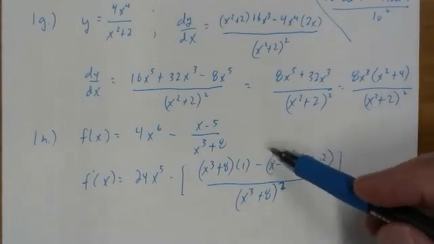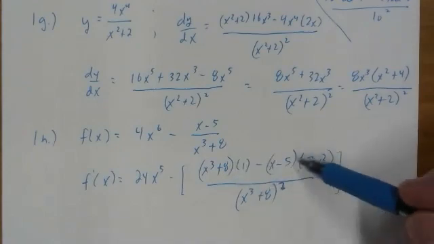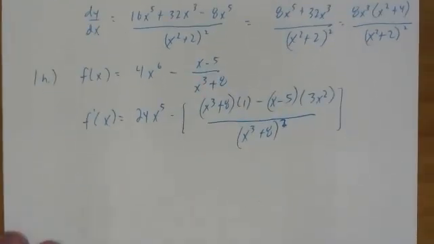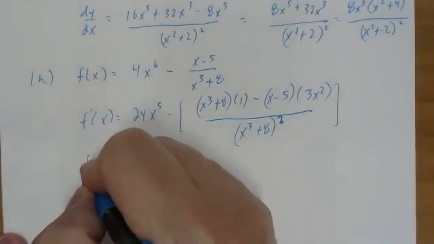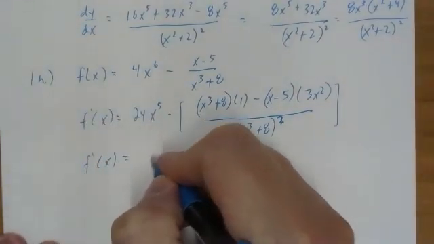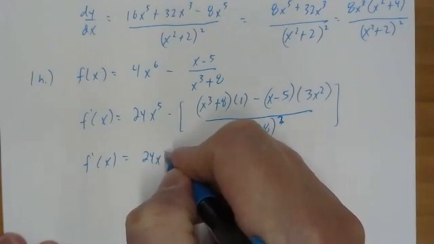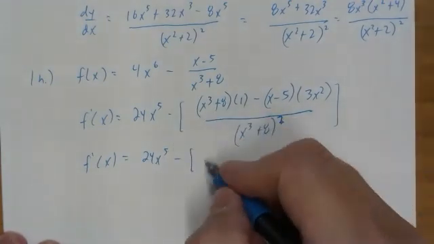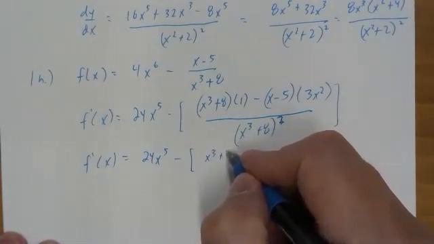So probably what I can do is multiply out these parentheses in the top, sort of clean this up a little bit. My guess is I'm going to have two terms as my answer. So minus, so this is just x cubed plus 8.